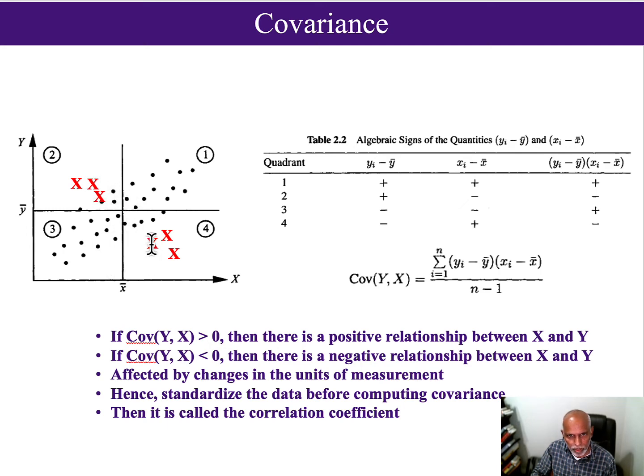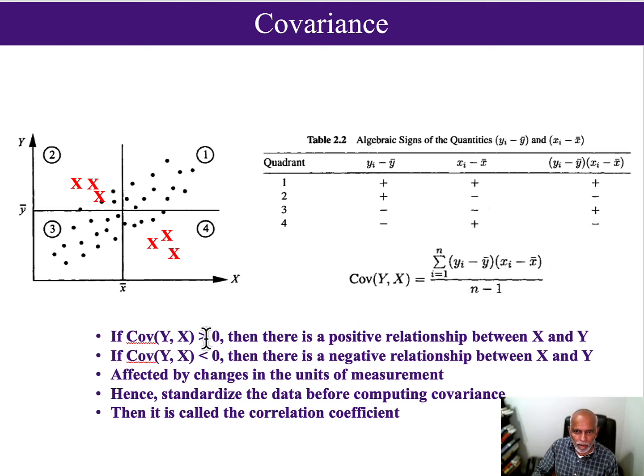So here negative, here positive, here positive and positive, here positive and negative, here negative and negative, and here y minus y bar is negative and x minus x bar is positive, right? So the cross product, y minus y bar times x minus x bar, is positive, negative, negative, positive.